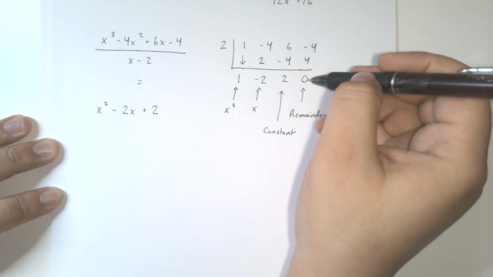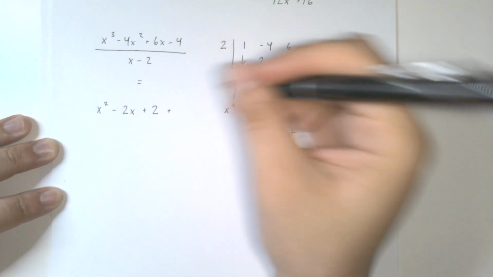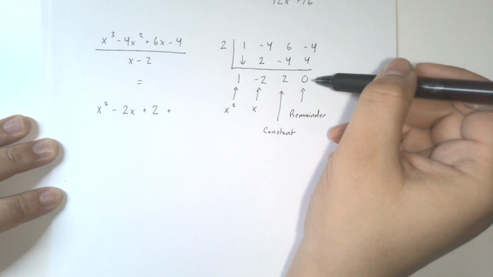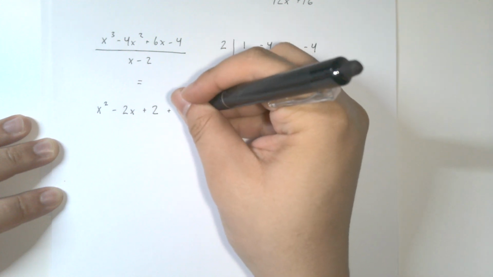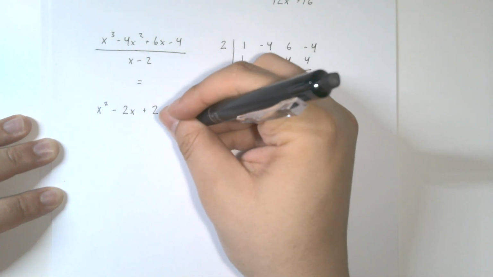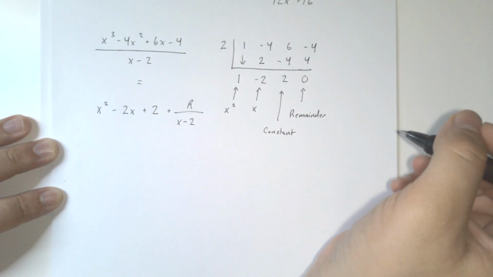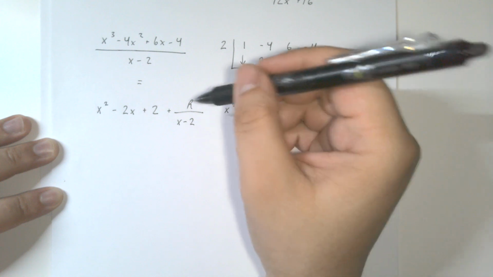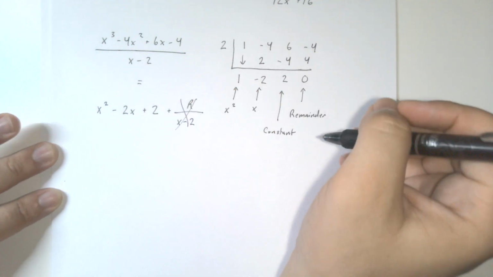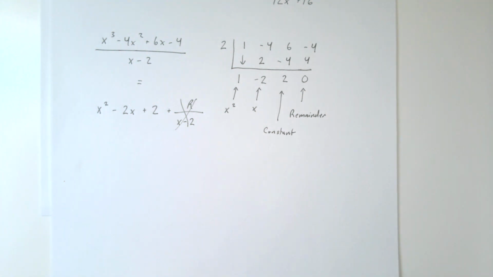But if this weren't a 0, we would write whatever our remainder is divided by, in this case, x minus 2. But again, since we have 0, 0 divided by any number is still 0, so we don't really need to write that here. But that's how we do synthetic division.